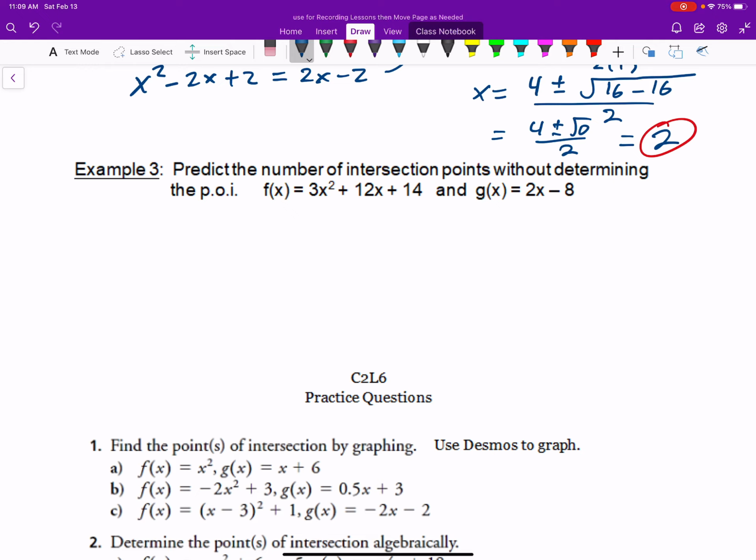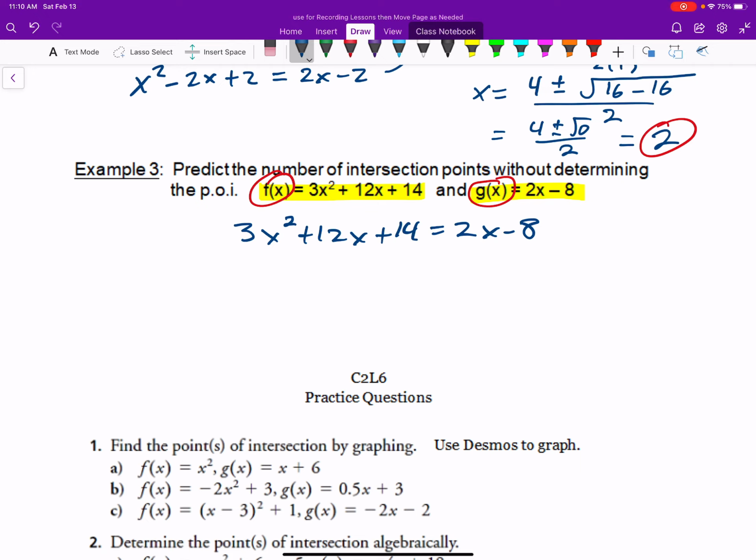So if I substitute this equation into this equation, I'm going to end up getting 3x squared plus 12x plus 14 equals 2x minus 8, right? That's just doing a substitution like I did in the last couple examples, remembering that f of x is just y and g of x is just another y, so I'm substituting one of the y's for the other one. Combine my like terms.